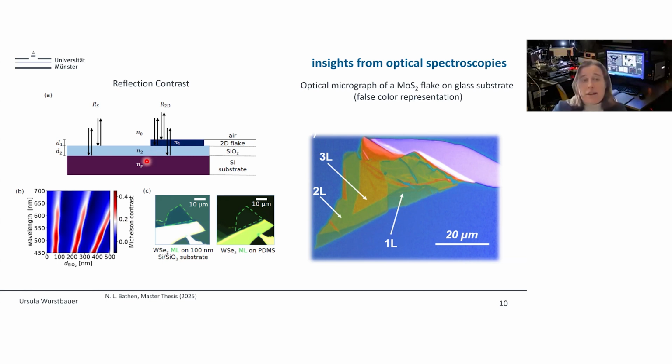And you can calculate the contrast, meaning the intensity of the reflected light, normalized to the absolute intensity of the reflected light. And from that, we can calculate this wavelength dependent contrast versus, for instance, here, the thickness of the silicon dioxide.